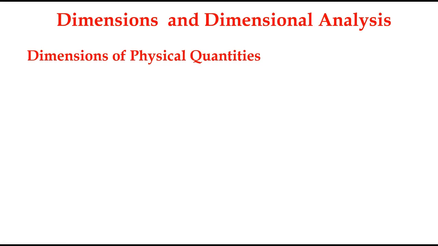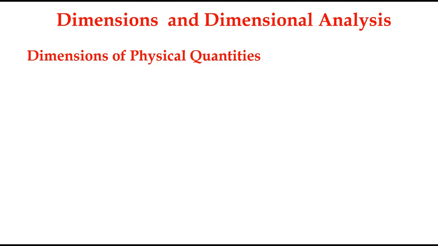When we are speaking of dimensions of a physical quantity in mechanics, we are referring to the type of fundamental quantities that make it up, like mass, length, time. The dimensions of a physical quantity can be determined from its definition.